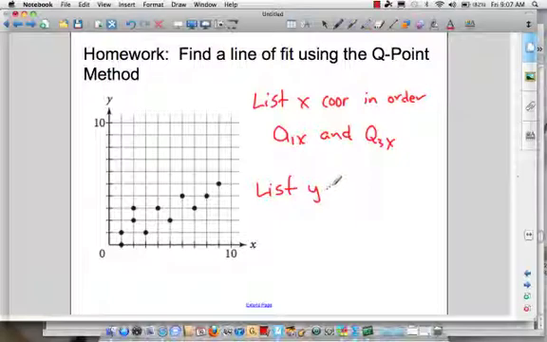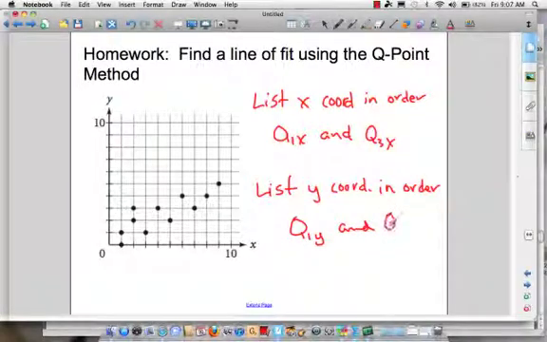List the y coordinates in order, find Q1y and Q3y, and then you'll draw a box. You'll pick the corners of the box, and you'll find the equation of the line containing those. Please have that ready for class next time.